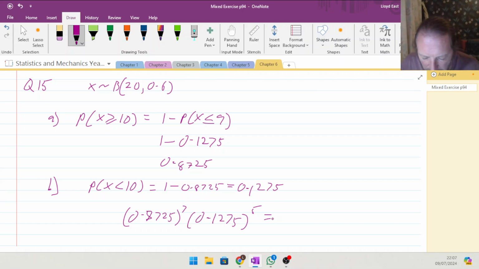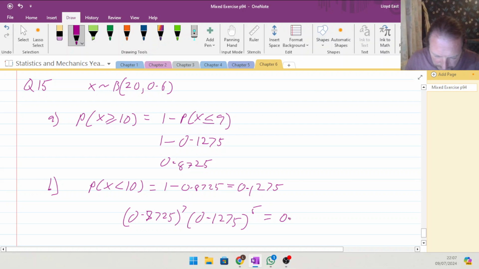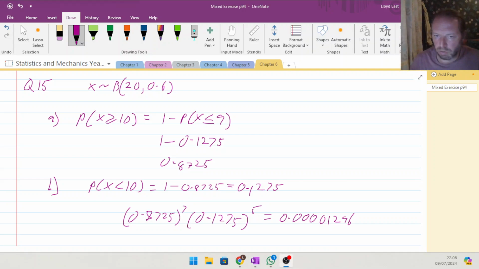Okay, we end up with 0.12341296. Seems a little bit low. It seems low because it is low.